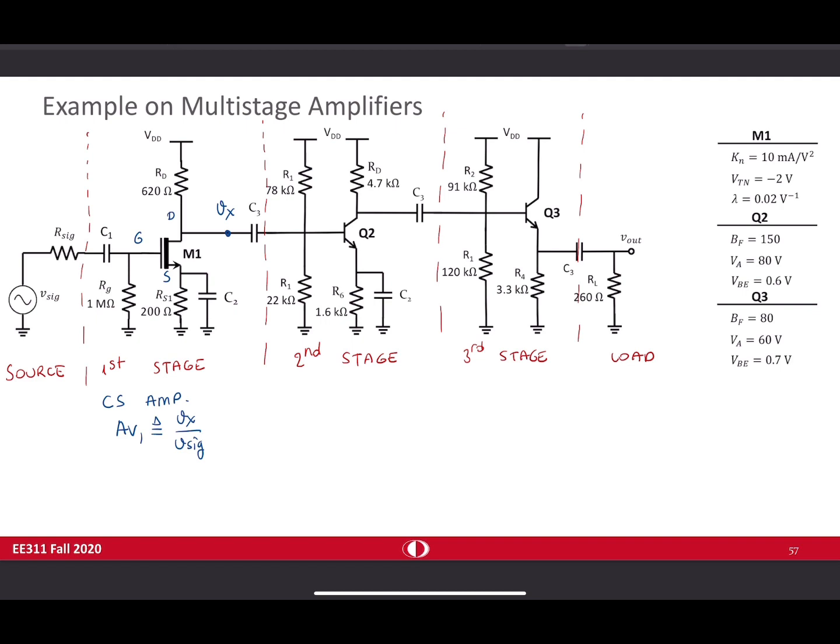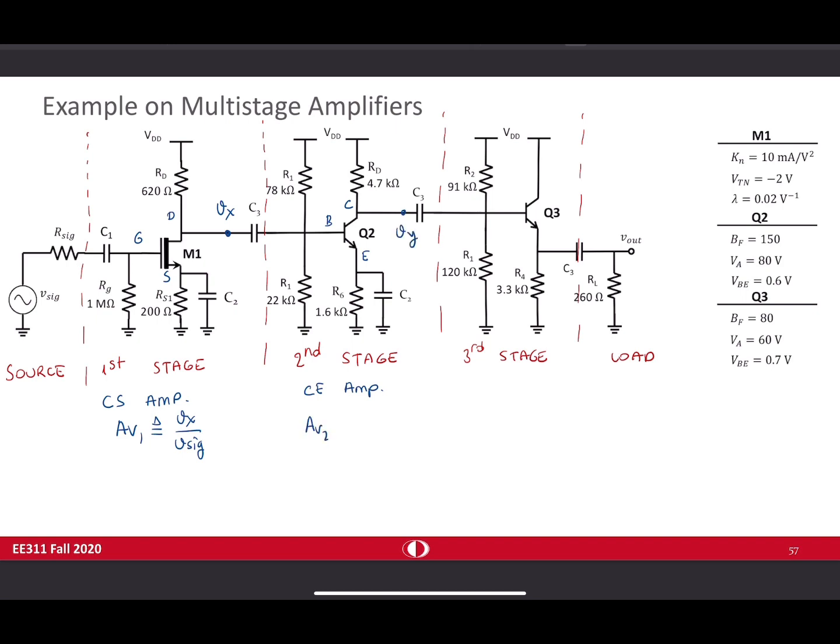The second stage, we have a bipolar transistor, collector, base, and emitter. Again, emitter is AC grounded. Therefore, this amplifier is a common emitter amplifier. We can name this node as Vy.